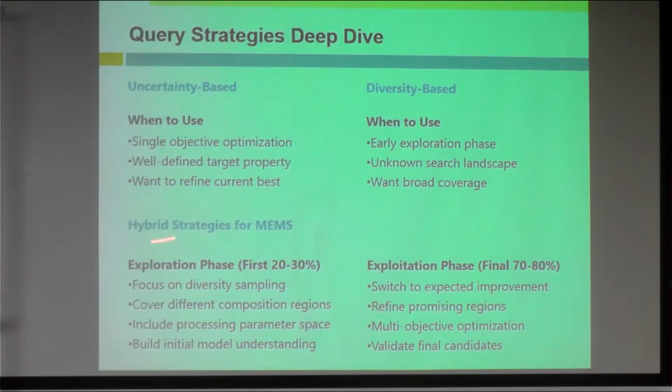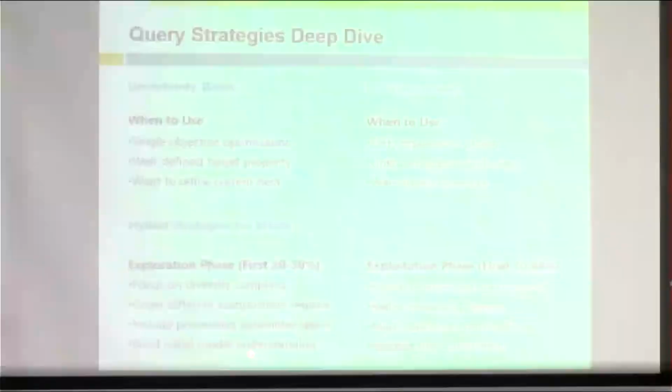But in MEMS, with hybrid strategies, the exploration phase might be the first 20 to 30% focused on diversity sampling of materials and covering different composition regions. So composition region might refer to the required property of the material according to the need later on, and include processing parameter space and build initial model understanding.